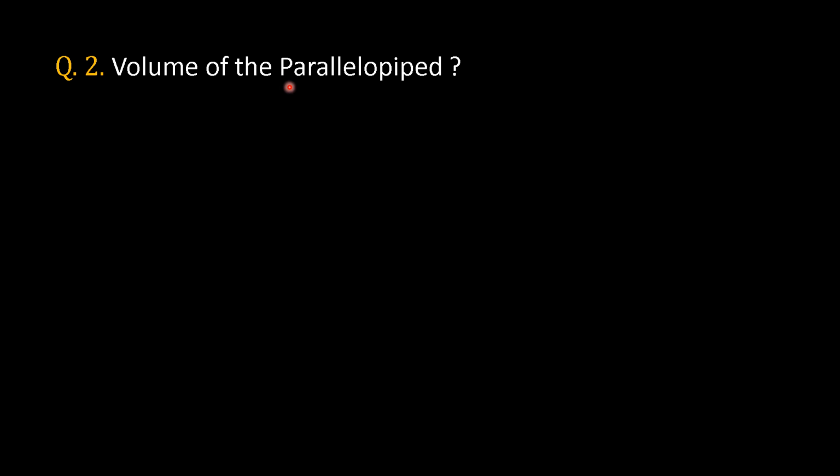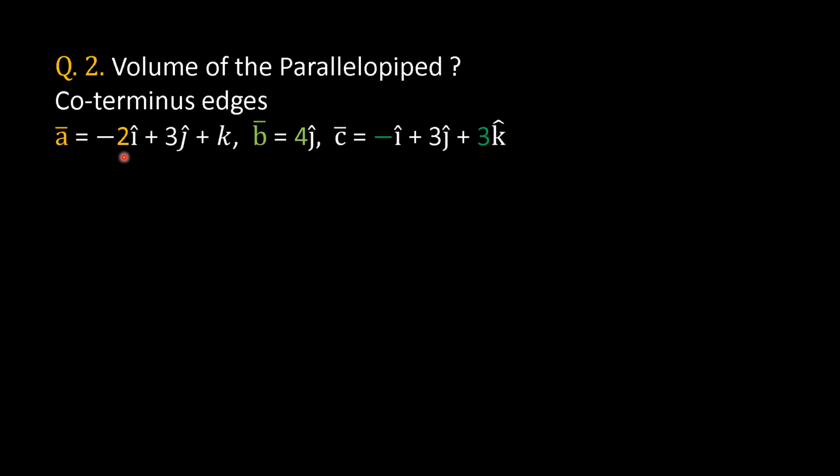In the second example, we have to find volume of the parallelepiped whose coterminous edges have been given as A bar equals minus 2i plus 3j plus k, B bar equals 4j, C bar equals minus i plus 3j plus 3k.